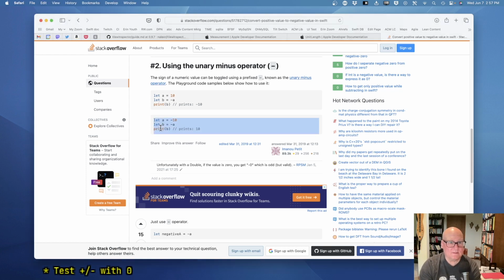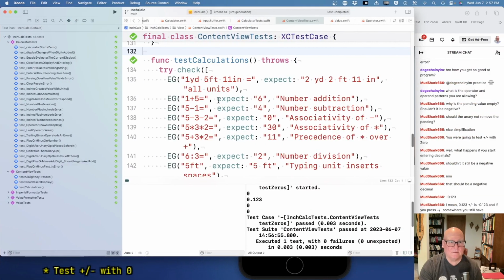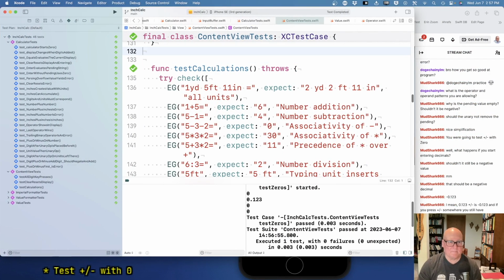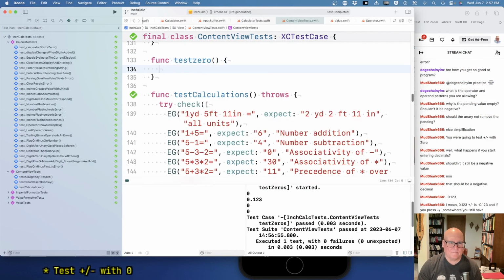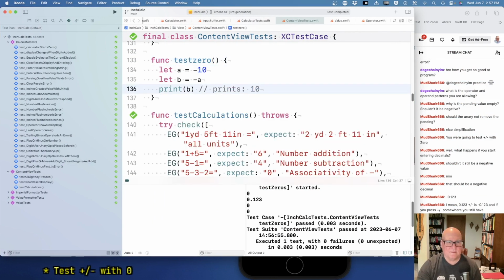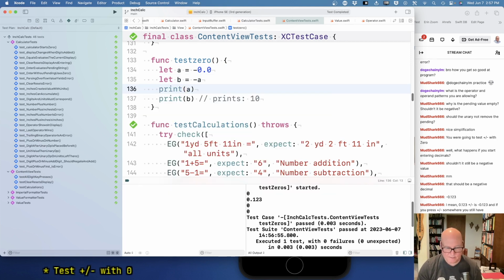All right, let's take this. Okay, that prints 10. Let's make this -0.0. Okay, let's print A and B. Comma's wrong.